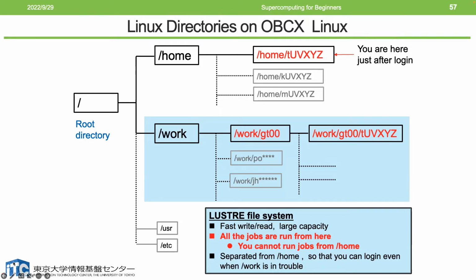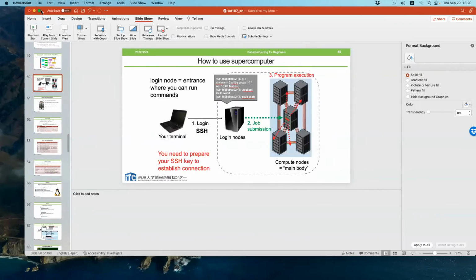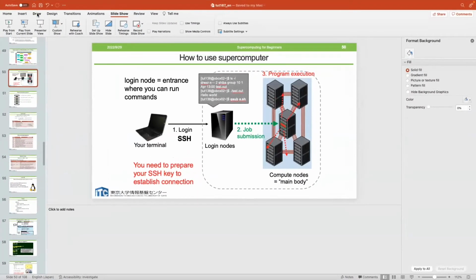Sensei, I have a question about this file system. Yes, please. On the compute node, when they are running the job, at some point they need to access user data. So my question is where the user data is located. In which file system? Home or work?